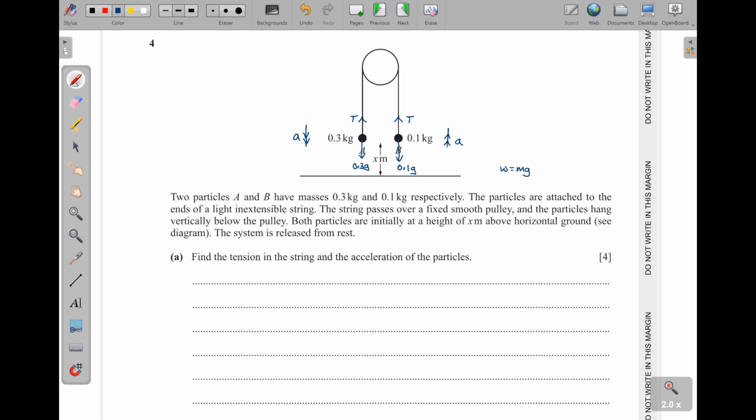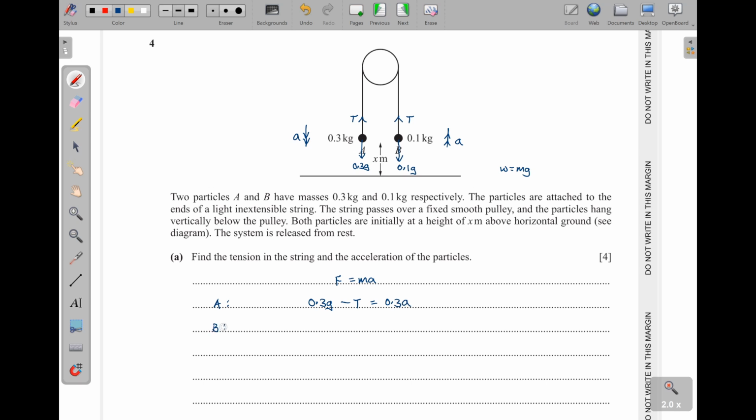Now we look at the forces which are acting on these particles individually. Remember, we are going to use F equals ma. When you look at the forces acting on A, the weight here is bigger than the tension. That's why it can move down. So we shall have 0.3g minus the tension is equal to the mass of A, 0.3, times a.